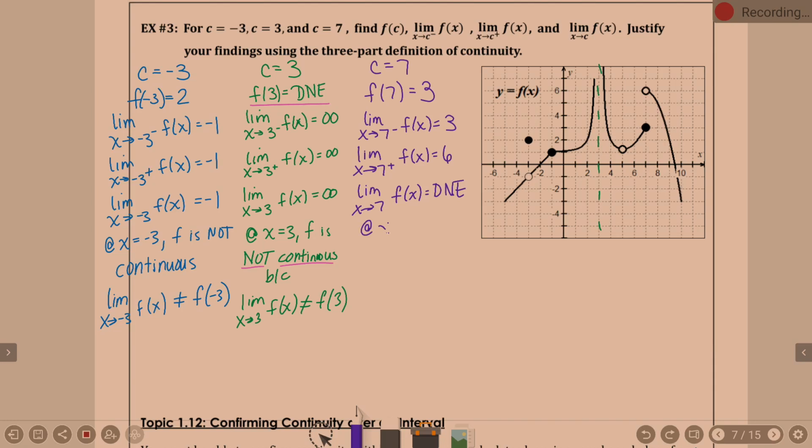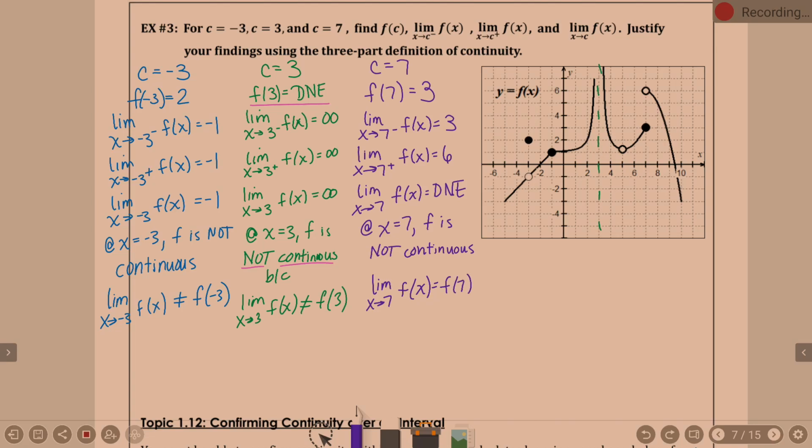So I guess I should have been saying c, but at x equals 7, f is not continuous. And you can state this 2 different ways. One option, we go back to that basic of the limit does not equal the point, right? You can also state it as limit from the left does not equal the limit from the right. So, I can do what I have been doing of the limit as x approaches 7 of f of x does not equal f of 7.